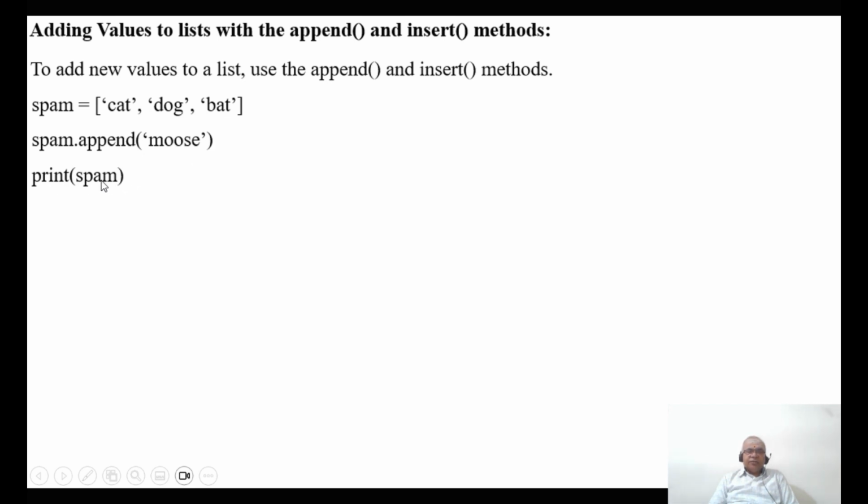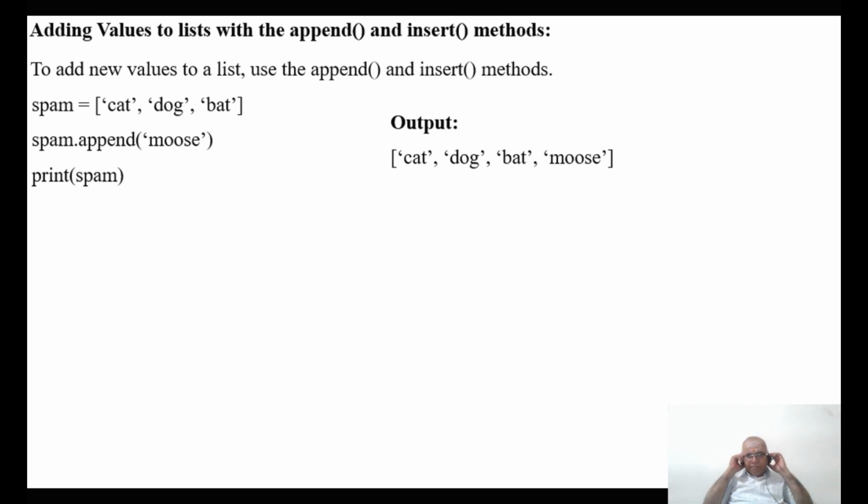Then if you use print spam, the output will be cat, dog, bat, and finally moose. What is the main function of append? Append will always add the data at the end of the list.